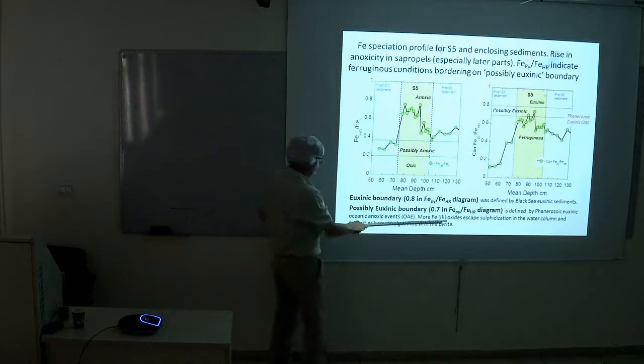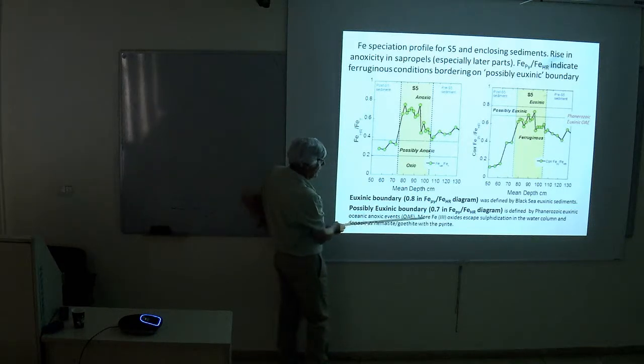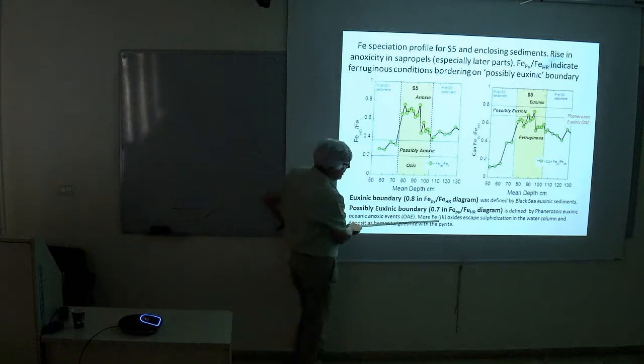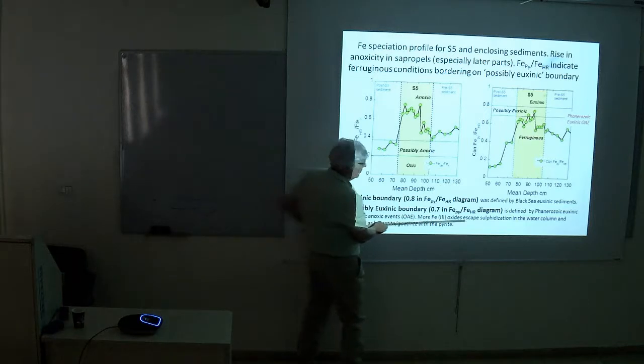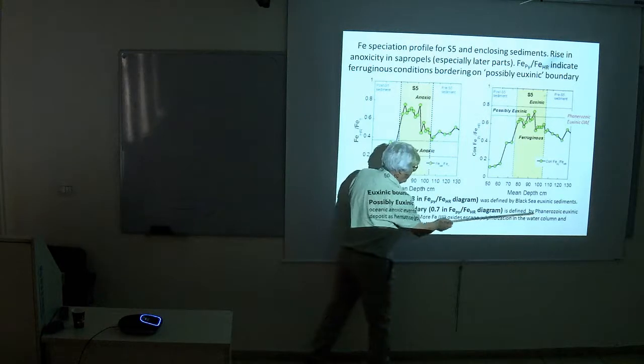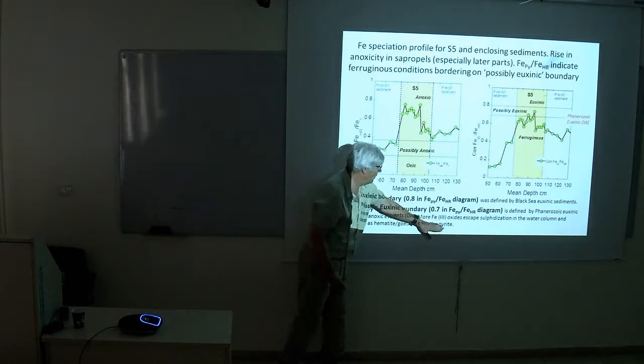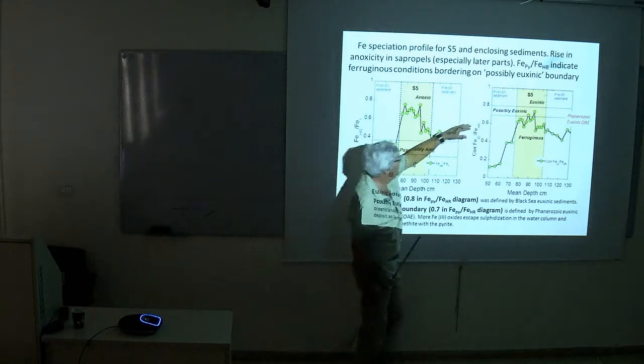So the idea with this possibly euxinic boundary is that much more of the iron oxides that form in the water column actually escape being converted into pyrites, and therefore they lower this boundary.